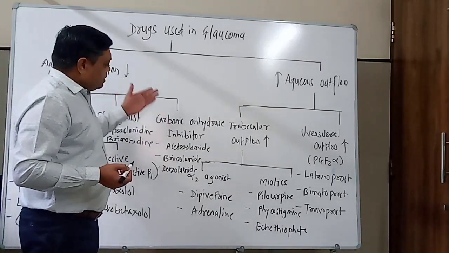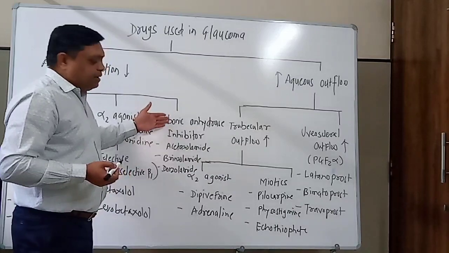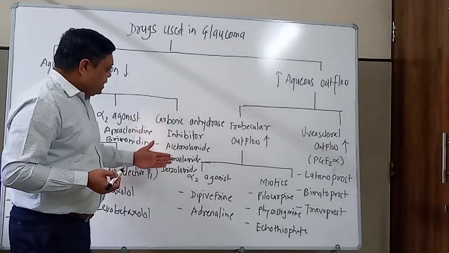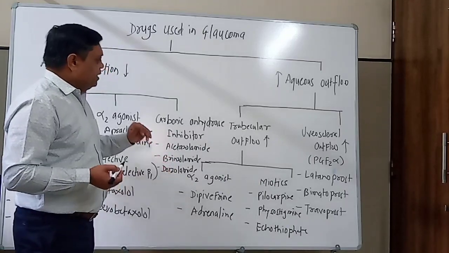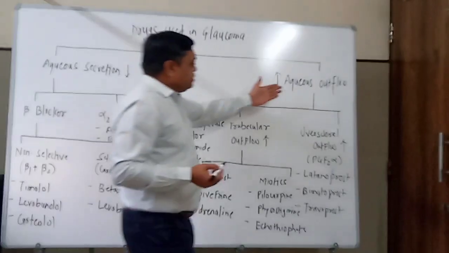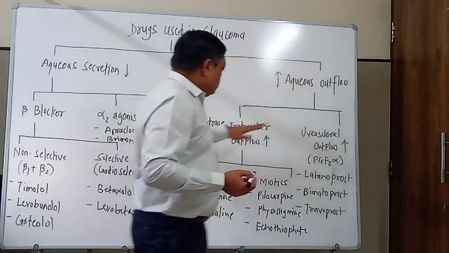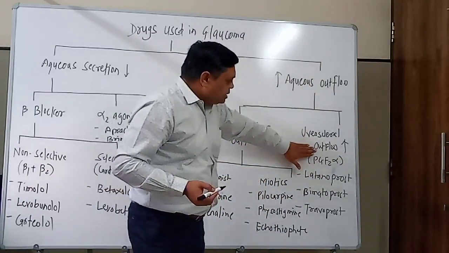Carbonic anhydrase inhibitors inhibit the enzyme carbonic anhydrase in the ciliary epithelium: acetazolamide, brinzolamide, dorzolamide. And the drugs increasing aqueous outflow. There are two types of outflow: trabecular outflow and uveoscleral outflow.